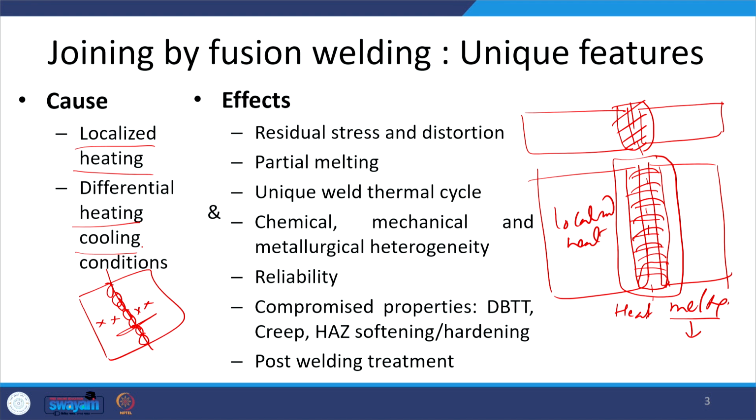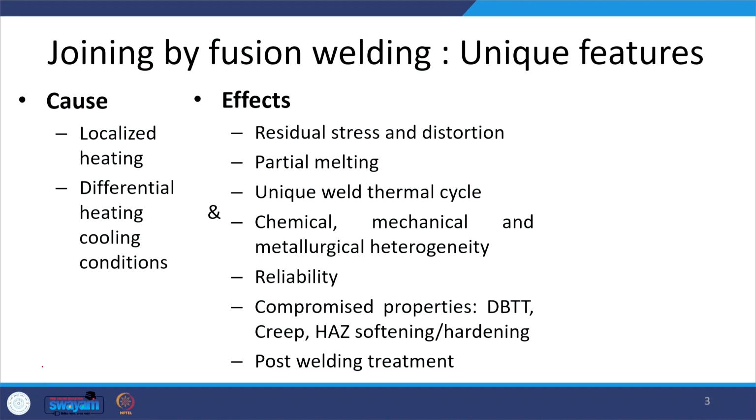That means the rate of heating, peak temperature and rate of cooling will be different at the different locations in the zones close to the weld line. This is with regard to the kind of thermal cycle experienced by the different zones, especially in fusion welding. So, localized heating in turn leads to differential heating and cooling conditions.